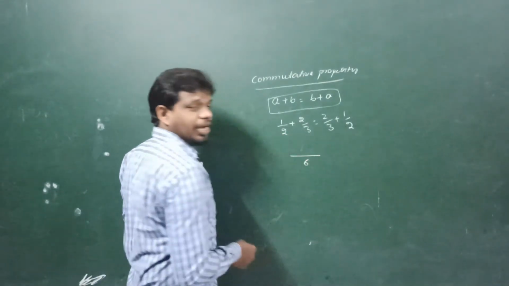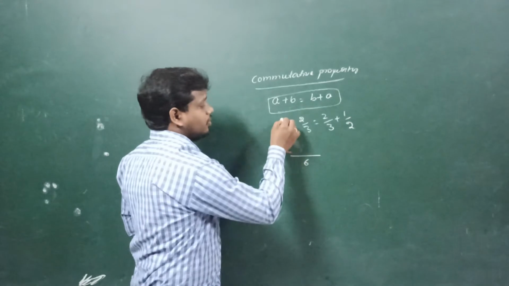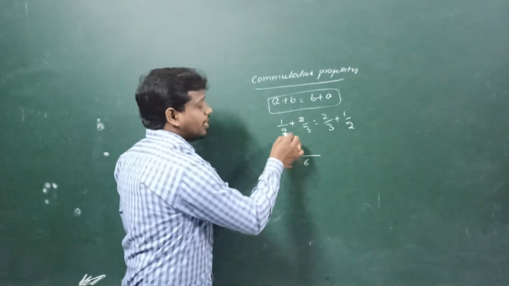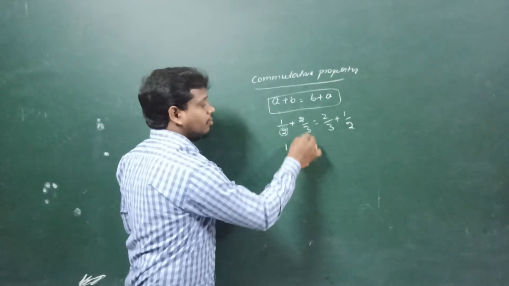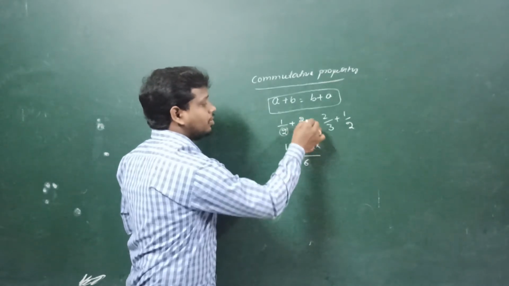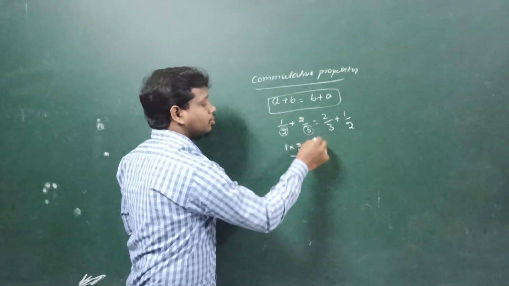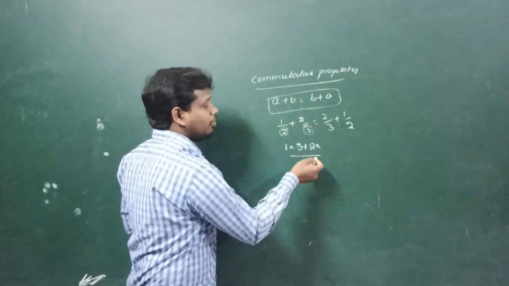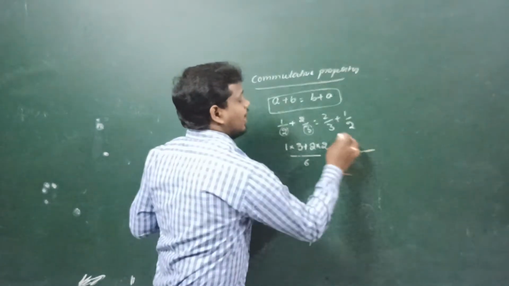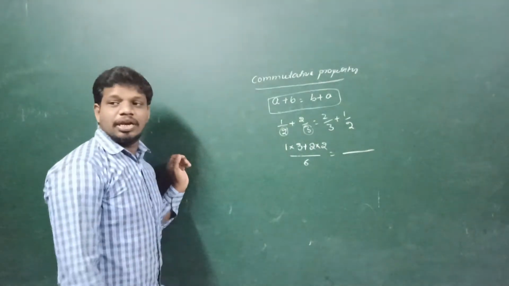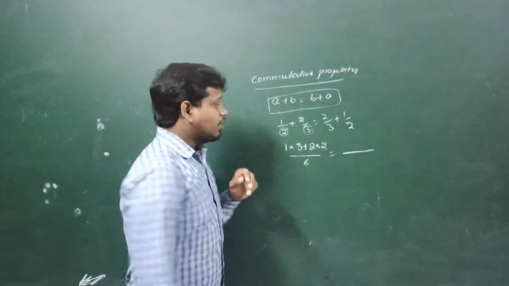6. Then here 1 into, in the 2 table when will you get 6? 3. Plus 2 into, in the 3 table when will you get 6? 3 twos are 6, so multiply with 2. In the same way, LCM of 3 and 2 equals 6.